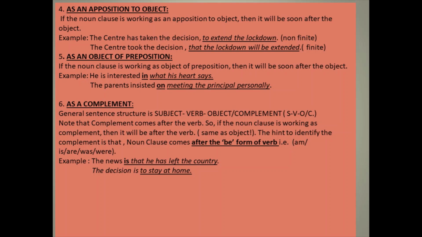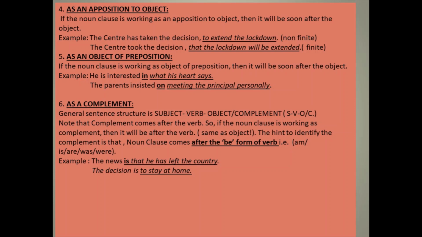So here when the noun clause is acting as an apposition to the object, it will come immediately after the object because it is modifying, not exactly modifying, it is telling you more about that particular object. Decision. What is the decision? To extend the lockdown. So apposition, same thing.